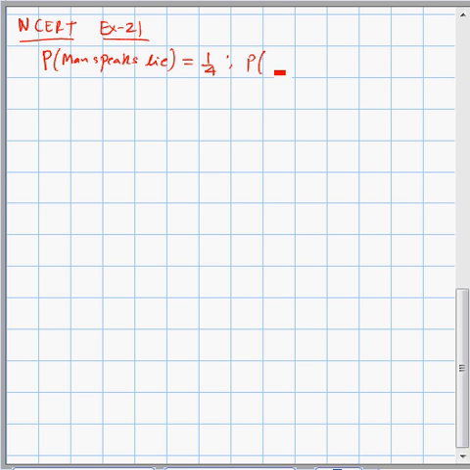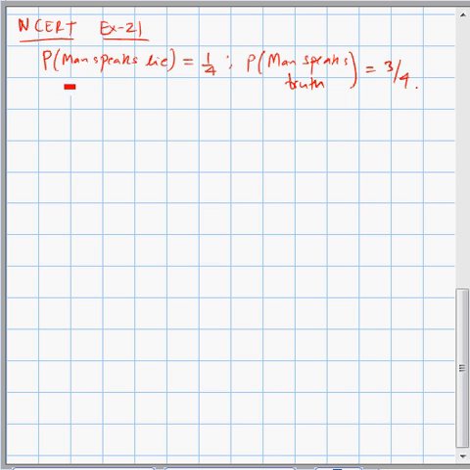So it means man speaks truth equals to 3 by 4.